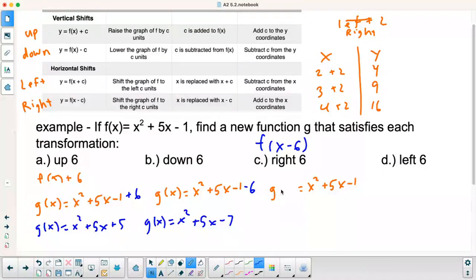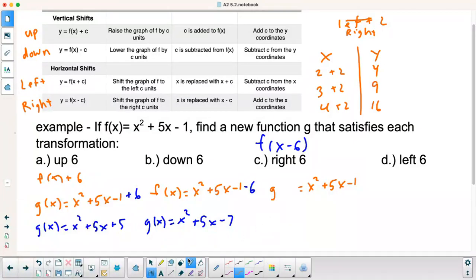So g of... you know what, I should have made that f of x. I started with f of x and then I subtract 6 from x, so it ends up being g of x.